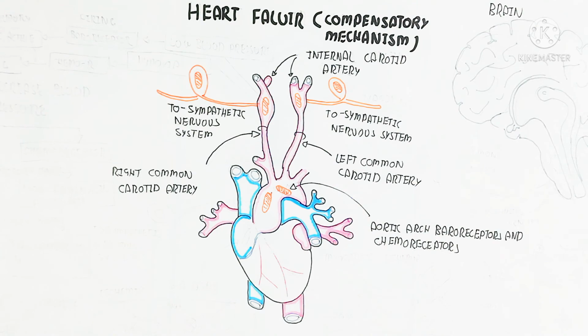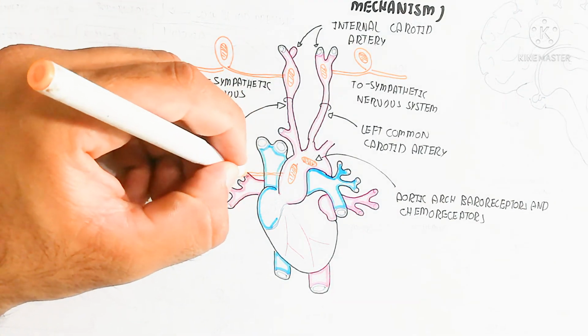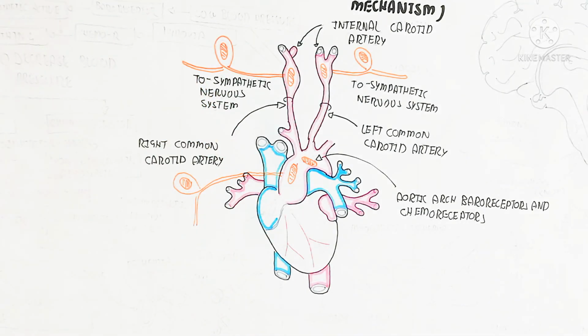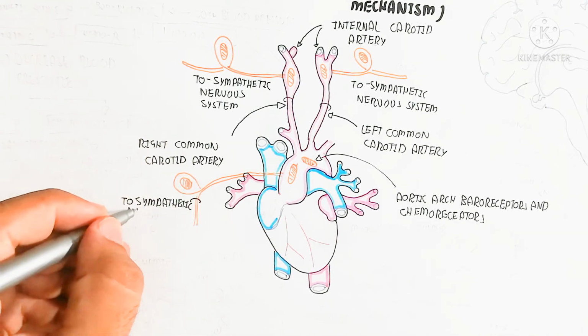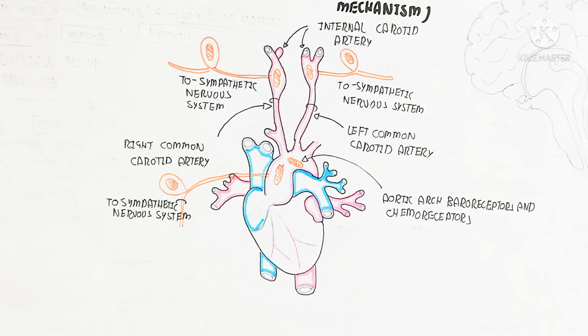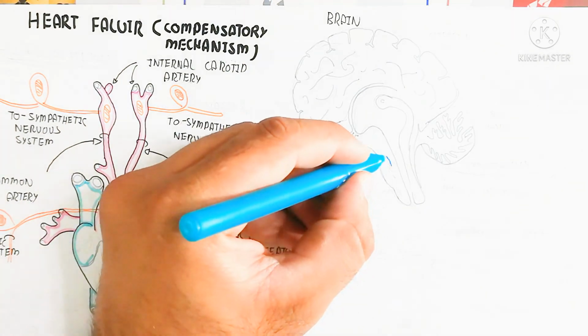The sympathetic and parasympathetic nervous systems arise from the aortic arch baroreceptors and chemoreceptors. This is the nervous system that is in direct contact with the brain.